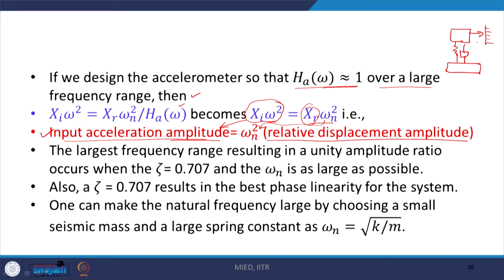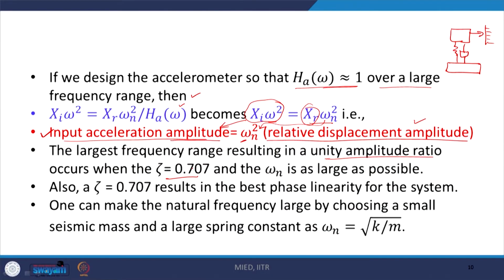So, from where we get this relative displacement amplitude, if I multiply this relative displacement amplitude with omega n square, I can get the input acceleration amplitude. And I have already talked that the largest frequency range resulting in unity amplitude ratio occurs when zeta is 0.707 and omega n is as large as possible.